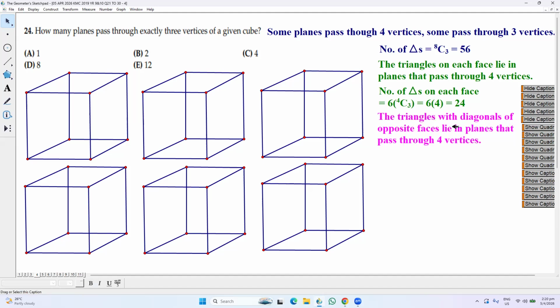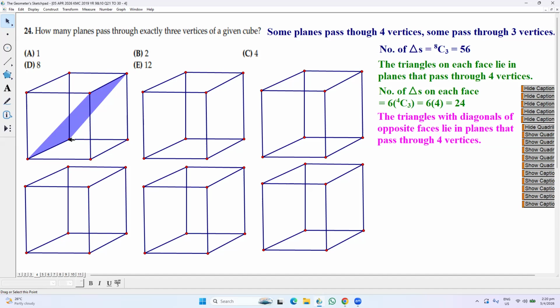the triangles with diagonals of opposite faces lie in planes that pass through 4 vertices. Let me show one example. What do you mean by diagonal of opposite face? This triangle, you see here, the front face has one diagonal. The face at the back, another diagonal.